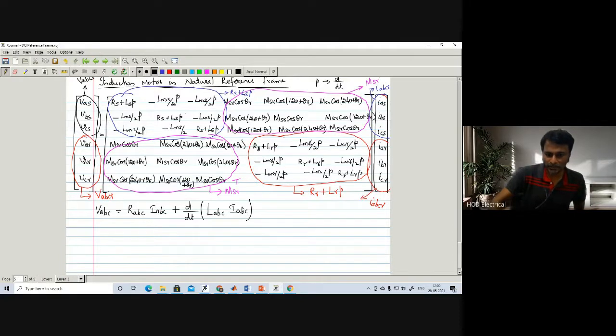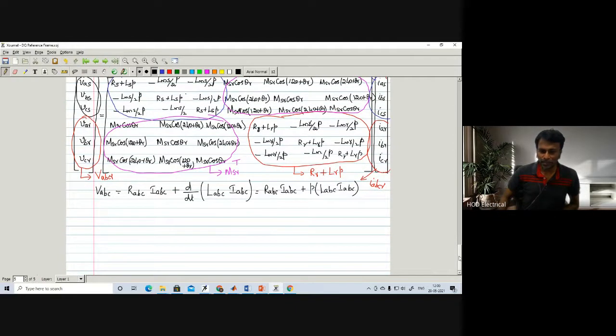We can write it as RABC into IABC plus small p into LABC into IABC. Right. So now we already know the components of LABC. LABC is nothing but the inductance matrix in this three-phase variable.